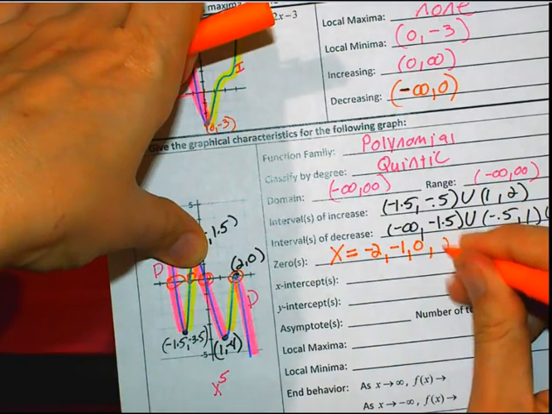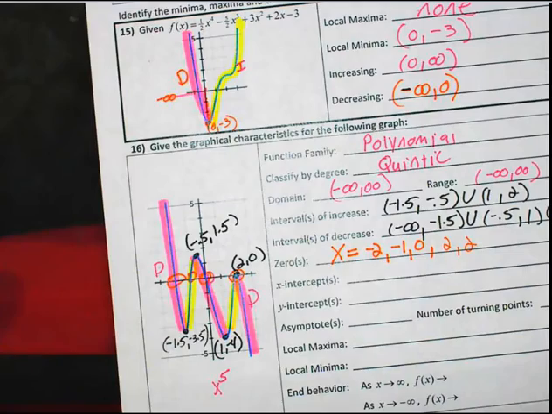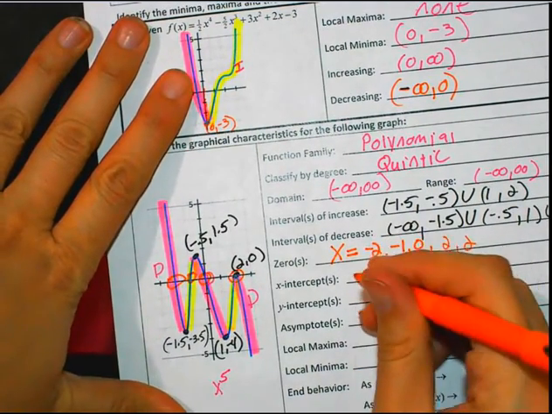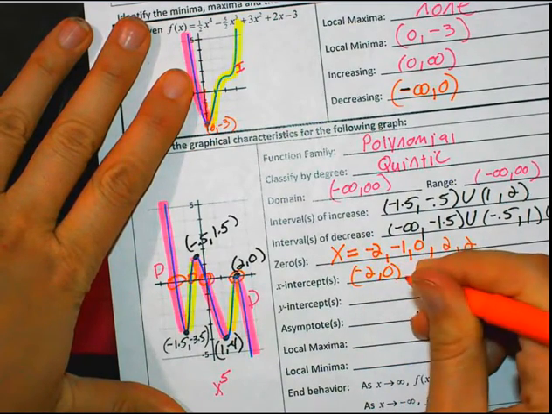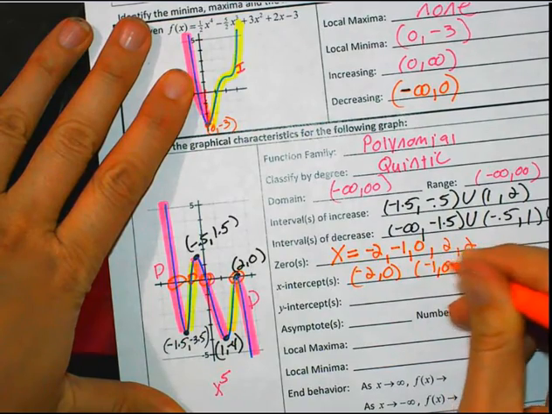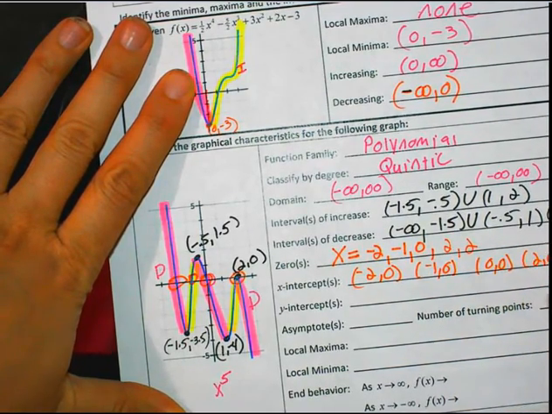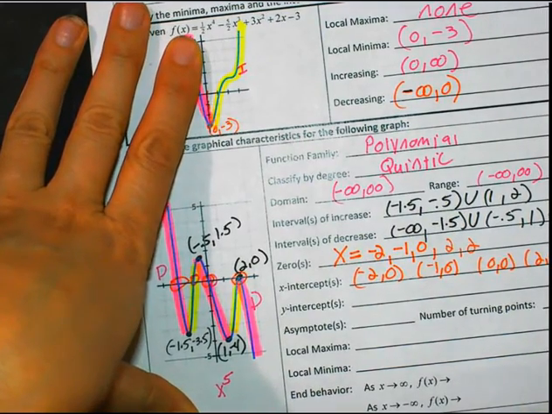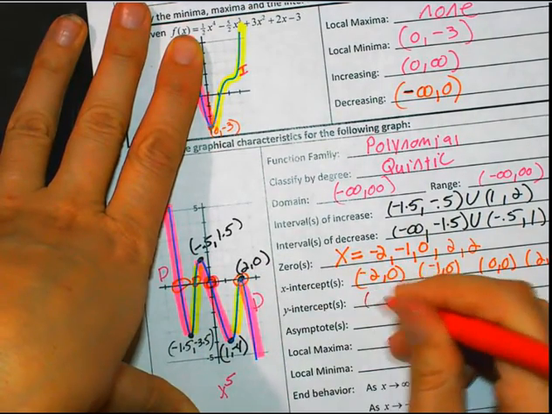So we have 2 and 2. Okay, the x-intercepts. So same thing, except we list them in ordered pairs. -2, 0, -1, 0, 0, 0, and 2, 0. The y-intercept, so the y-intercept is right here. And the y-intercept is 0, 0.